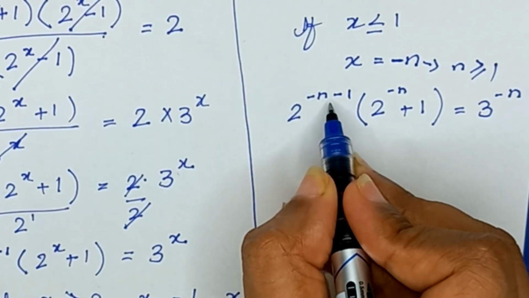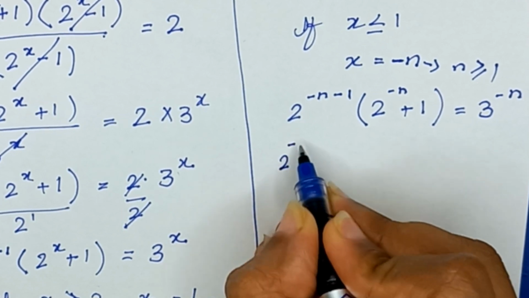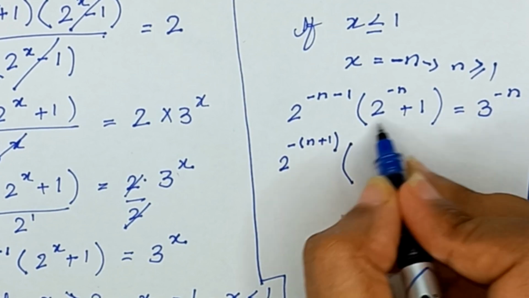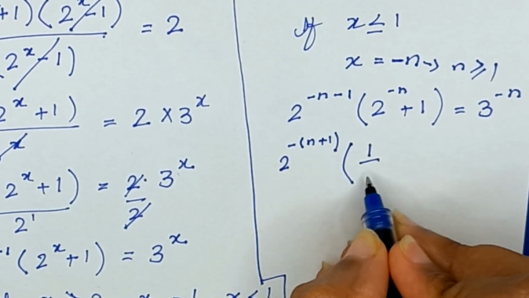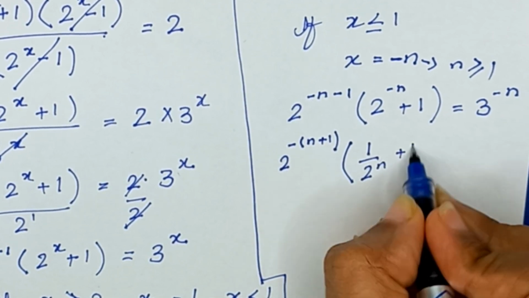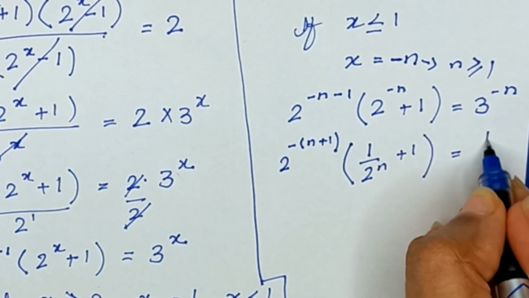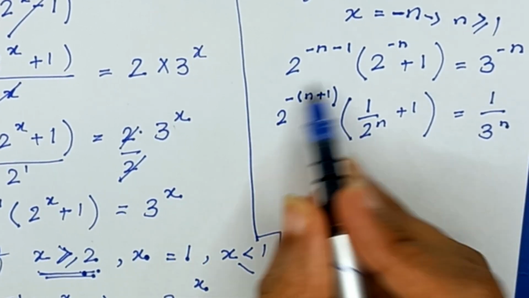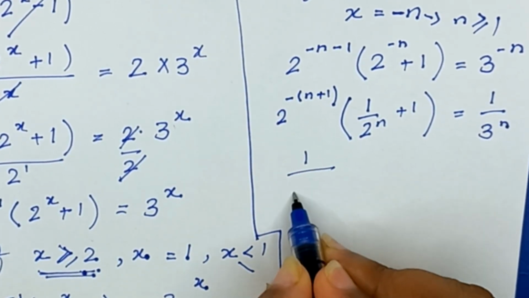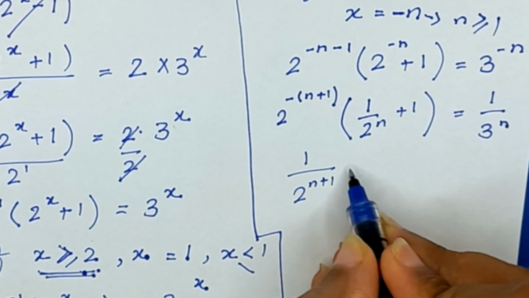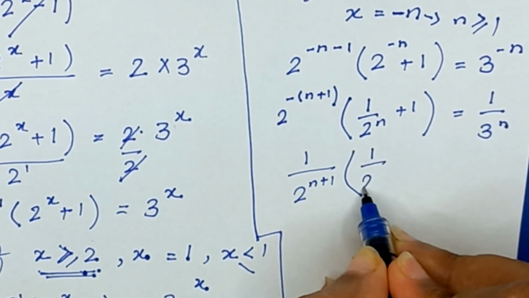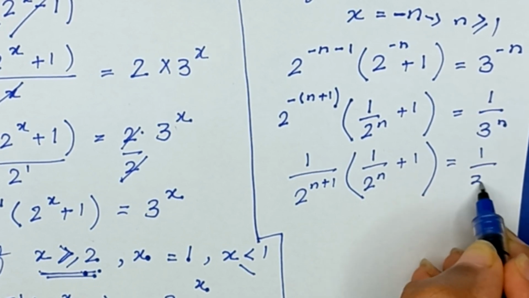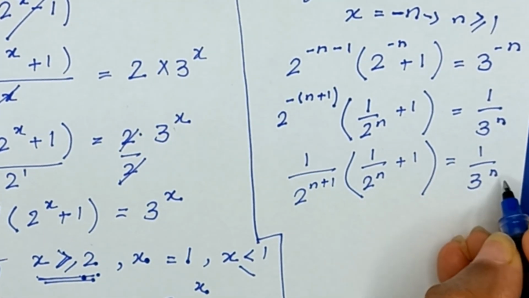I will take the negative common here, so it will be negative times n plus 1. We can write 2 raised to the power minus n as 1 divided by 2 raised to the power n, plus 1, and also 3 raised to the power minus n can be written as 1 divided by 3 raised to the power n. And also I can write it as 1 divided by 2 raised to the power n plus 1 times 1 divided by 2 raised to the power n plus 1, and it is equal to 1 divided by 3 raised to the power n.